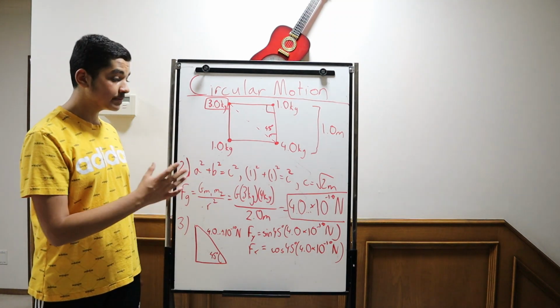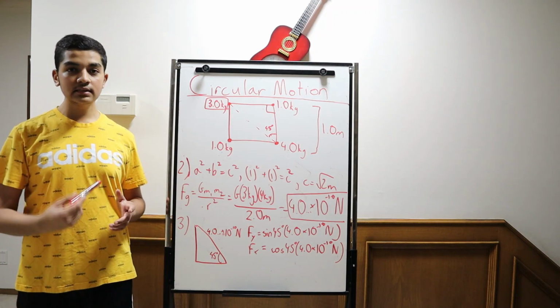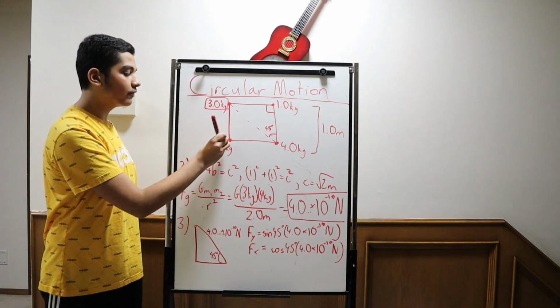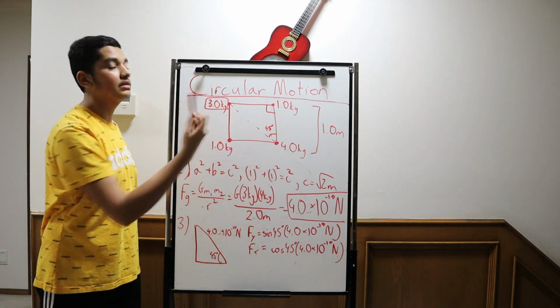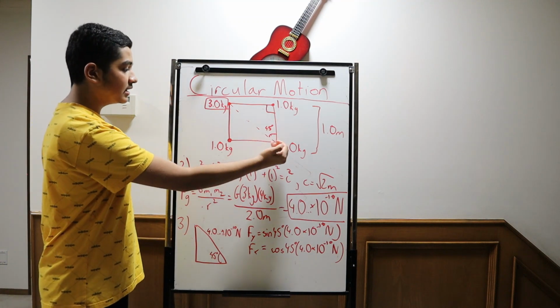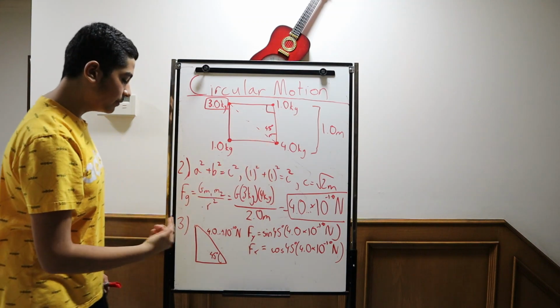We still have to split this force back into its x and y components because that's the only way that we can add this force to the forces that we calculated with this mass and this mass here. So how do we do that? Well, we know that because this is directly halfway through the square, this angle will be 45 degrees.